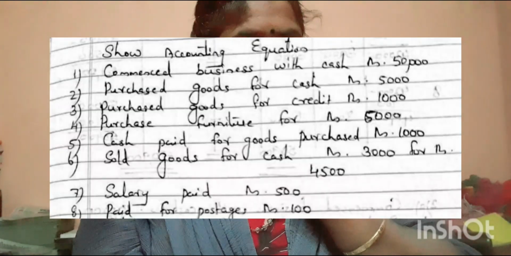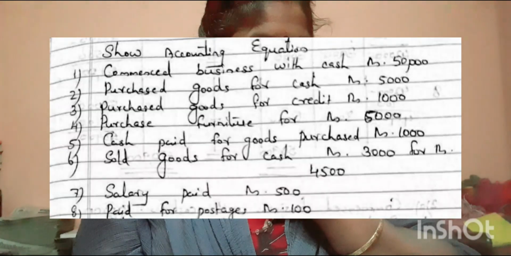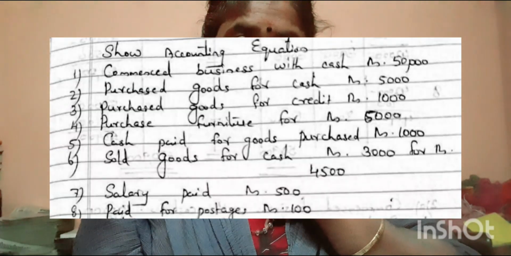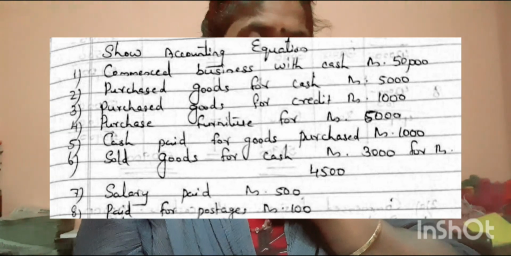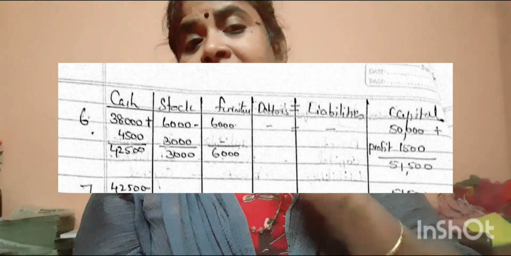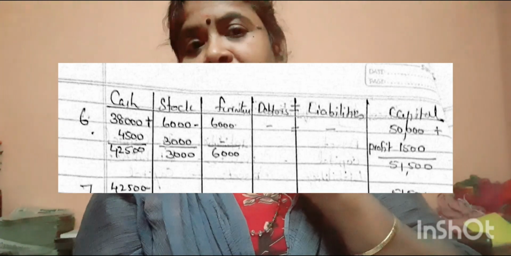Then next one, sold goods worth 3000 rupees for 4500 rupees. It means we sold 3000 worth of goods for rupees 4500 on cash basis, ready cash. When we sold the goods, the cash will increase by 4500, stock will reduce by 3000, and it is on profit basis, that is 1500 rupees profit.